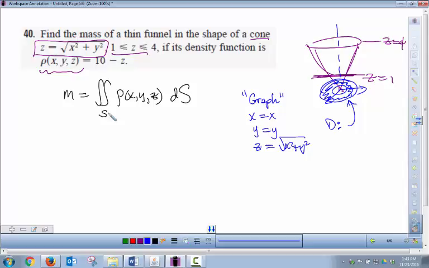Okay? So here's our parameterization. So our D, of course, we're going to want to go to polar. But we're going to go to polar after we set up the integral.